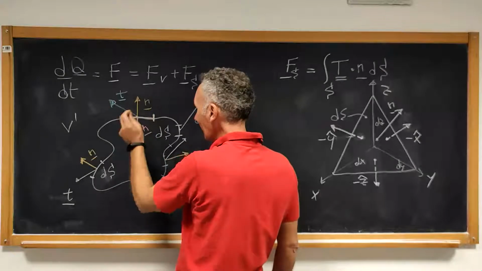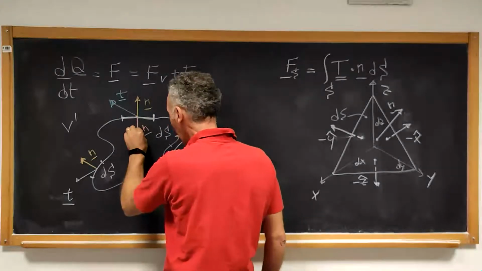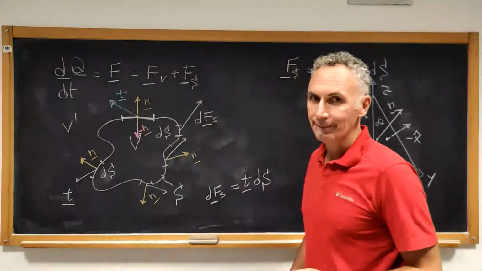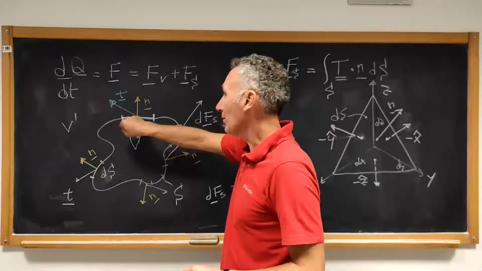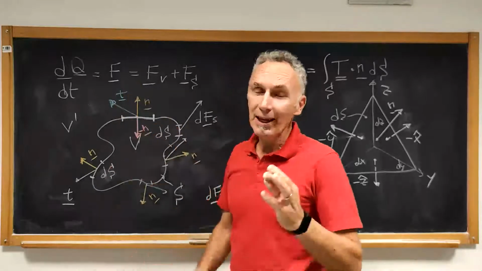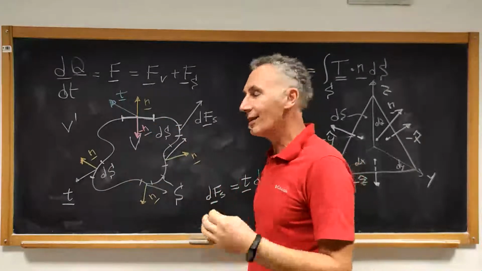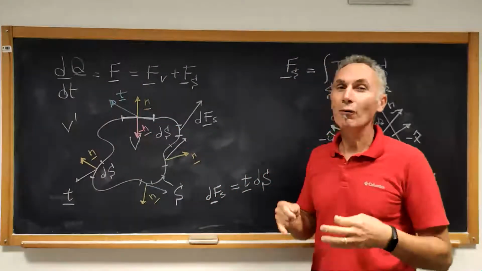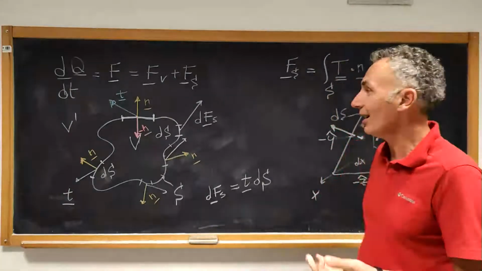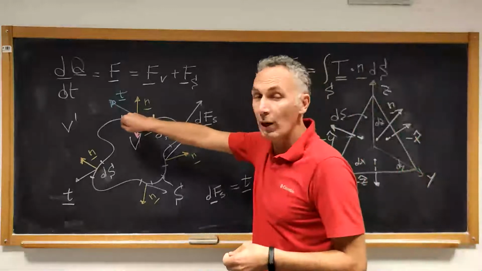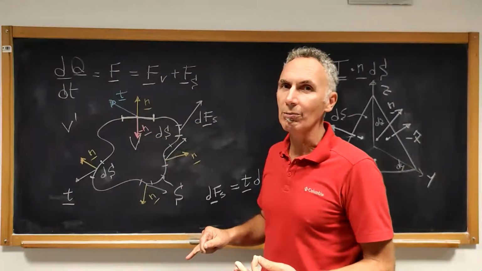If this is n, this is simply minus n. Now, the tension at this point must be exactly the same, because this is the status of the tensions at one point, the forces per unit area applied at one point of a continuum medium.